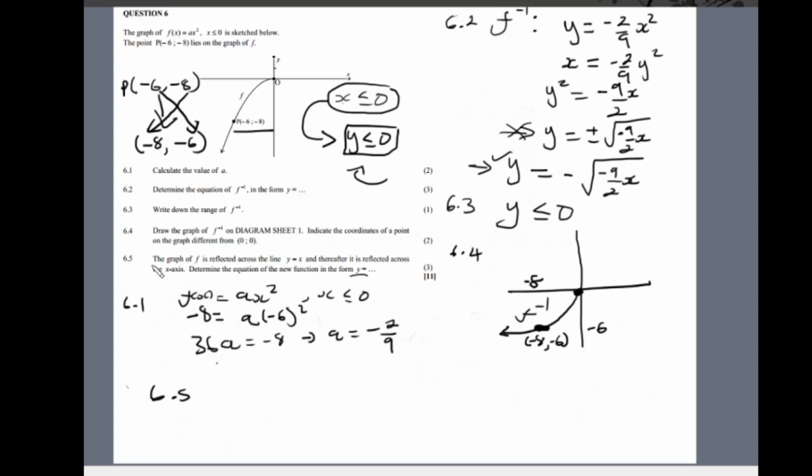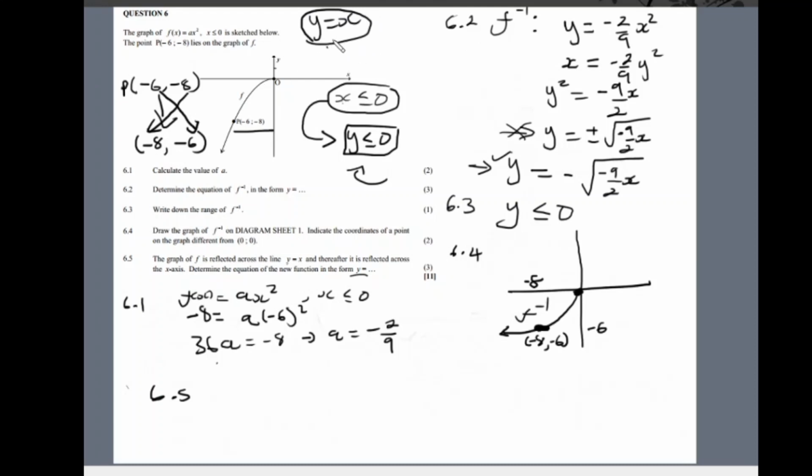Right, so the first part of this statement says the graph of f is reflected across the line y equals x. I did mention that whenever you are reflecting the function across the line y equals x, you are simply moving from the function to its inverse.